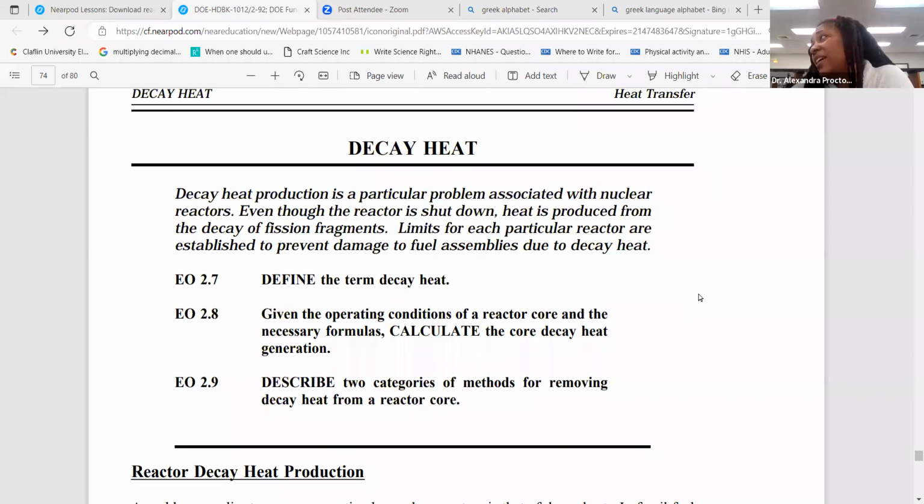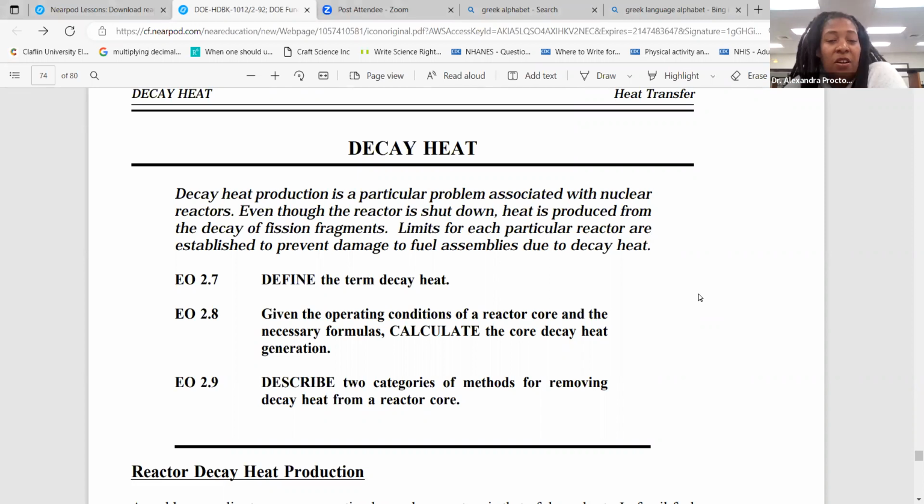So like I said, components like uranium continue to decay, and as they decay, they continue to give off heat. And that's what they're describing here.